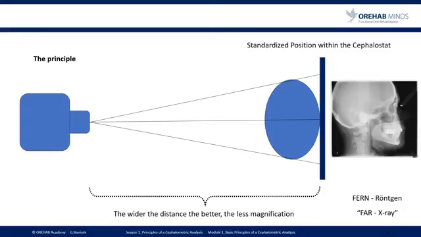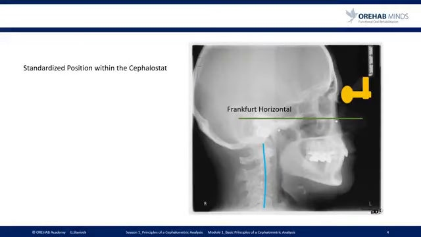In addition, it's very important to understand that the head has to be in a standardized position within the cephalostat, and here we use different landmarks. One of these landmarks is the Frankfurt horizontal plane.